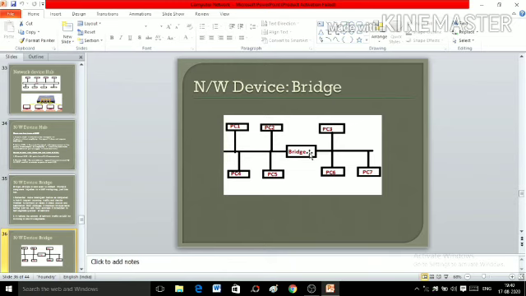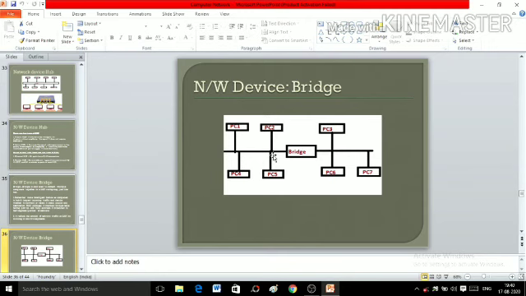Unlike bridge, if we had a hub instead, the hub would pass on the message to PC3, PC6, PC7, as well as forward the message to PC2, PC4 and PC5 also. So this is the main difference between hub and bridge.